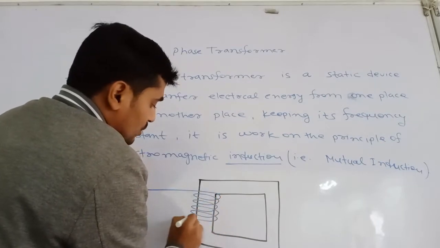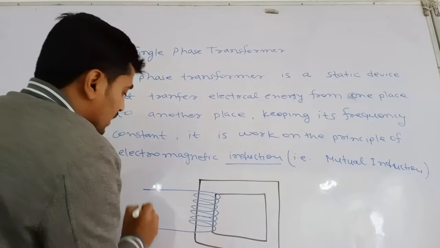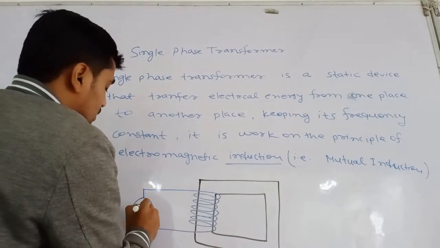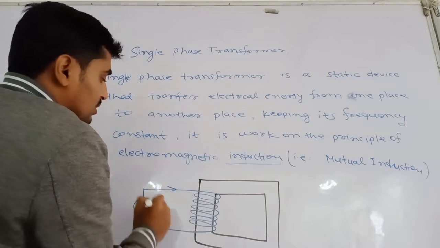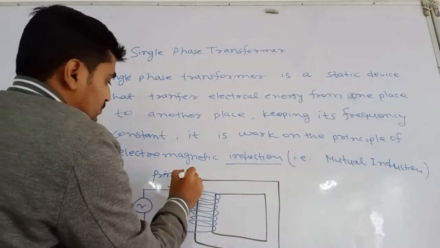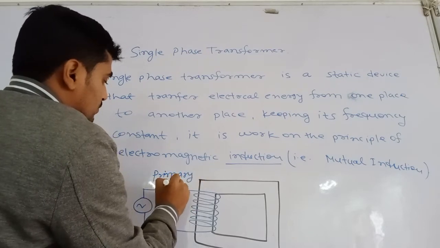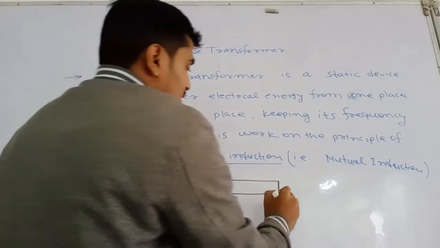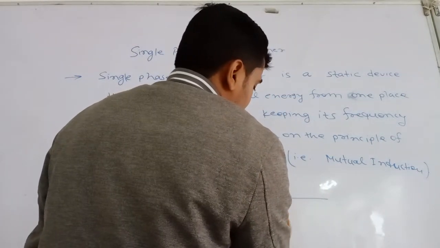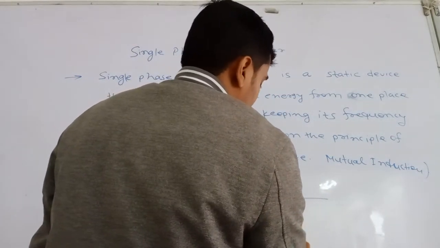The input supply is given to the primary side, that is the primary side, and the side where the transformer is connected through the load is known as the secondary side.